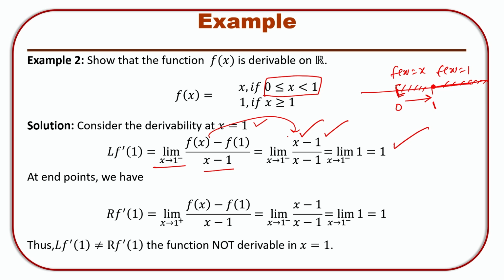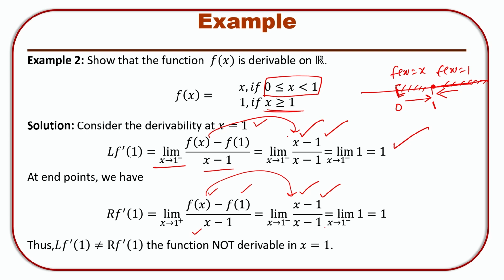Similarly, at the end point we have f dash of 1 from the right hand side. Why? Because in the second piece we have already included x equal to 1, right? So from the right hand side, (f(x) minus f(1)) by (x minus 1), and from the right hand side, what will be the value of f(x)? The value of f(1) is equal to 1, right?